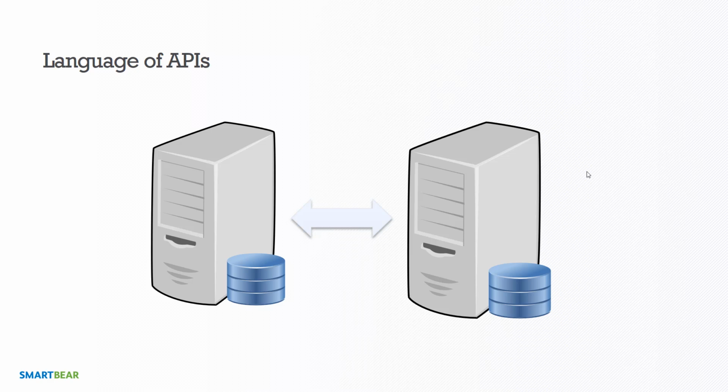But similarly, computers also need a common language to be able to communicate to each other to get a job done in the right way. Okay, so they need a language. They need a standard way of communication. And from now on, we're going to call this standard way of communication standards.